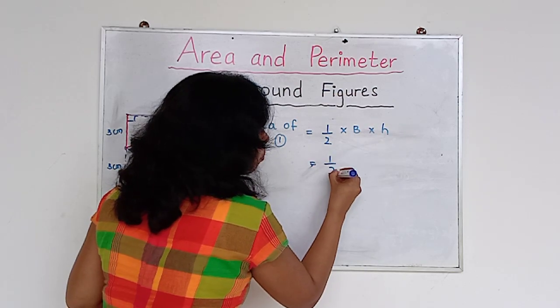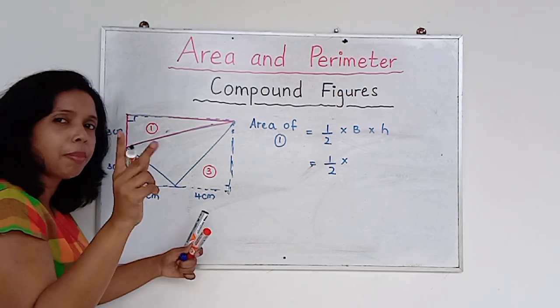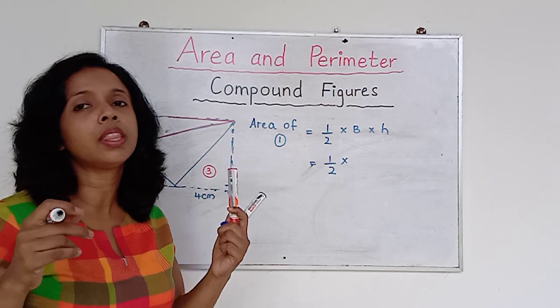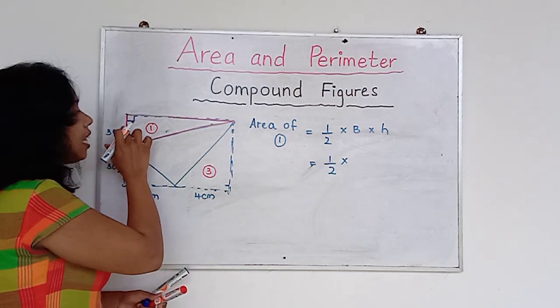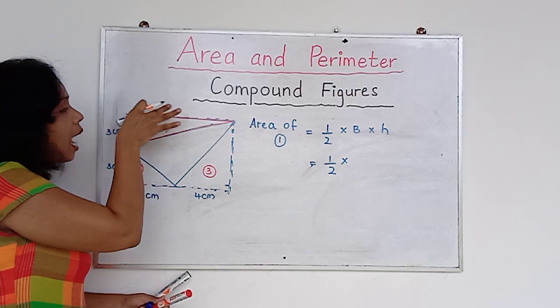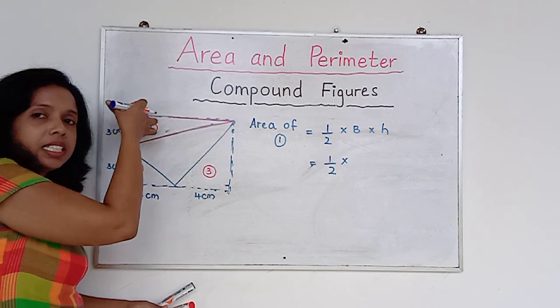What is the base, children, here? If I take this 3 centimeters, can you remember in triangles, we can have the base in different ways depending on the shape of that particular triangle. In this triangle, there are 3 sides. Out of these 3 sides, here it is the base, and perpendicular height should be this. What is the length of this side, children?